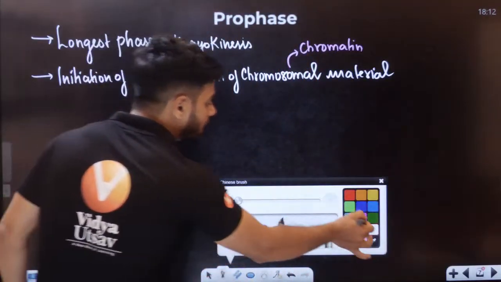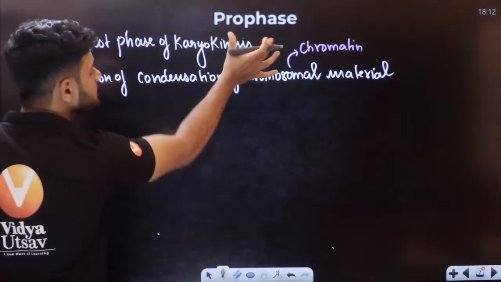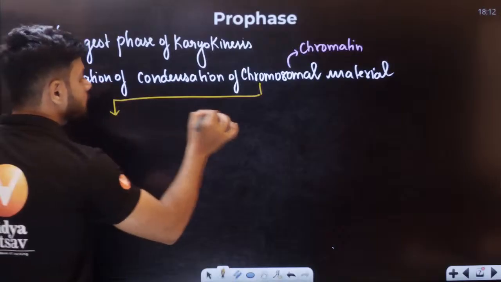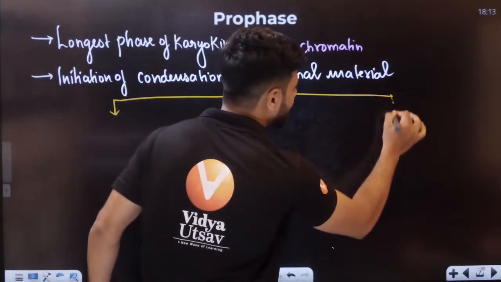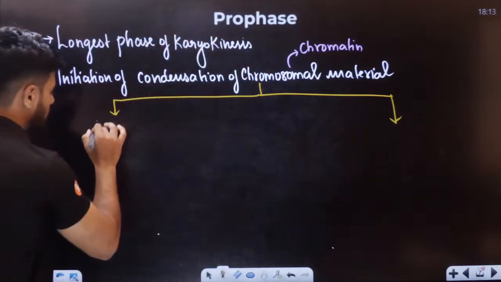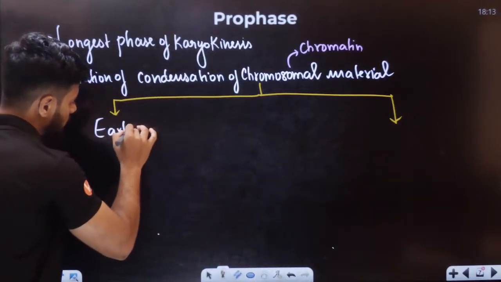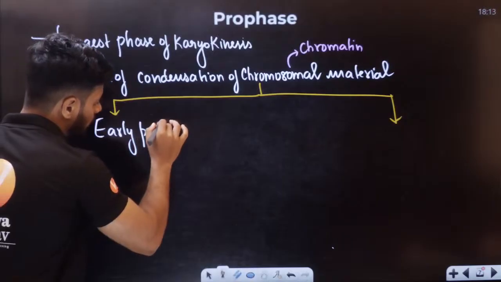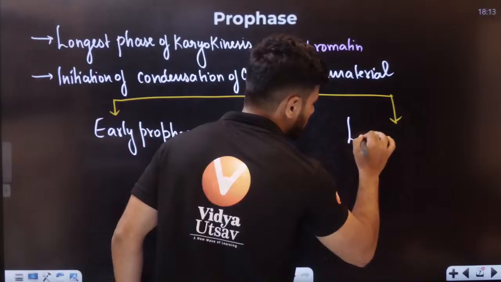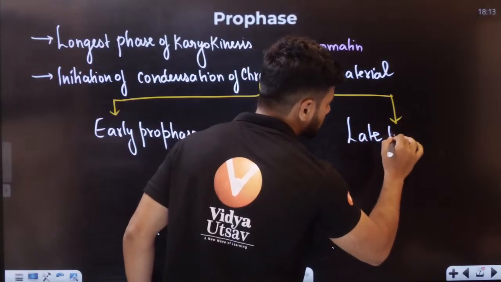Now this entire prophase can be divided into two parts. We have early prophase and late prophase.